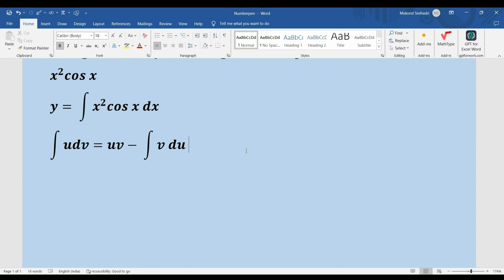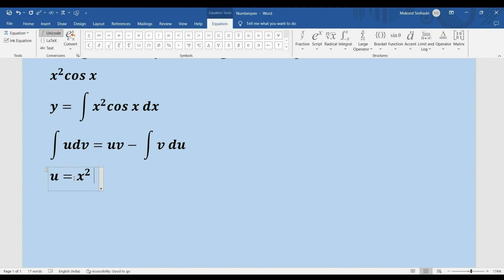And whenever you see a problem of the type x to the power n as one of the parts to a problem which you think you can solve using integration by parts, then I would suggest go ahead with u equals x to the power n. In this particular case it is u equals x square, right? So when my u equals x square, what is my dv? It is nothing but cos x dx, right?